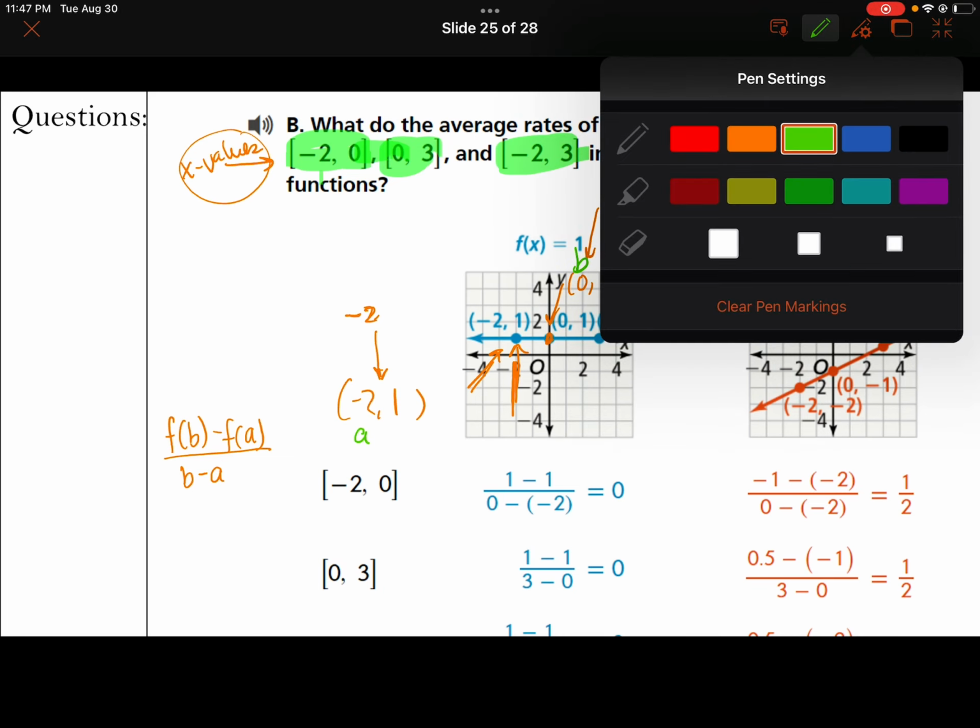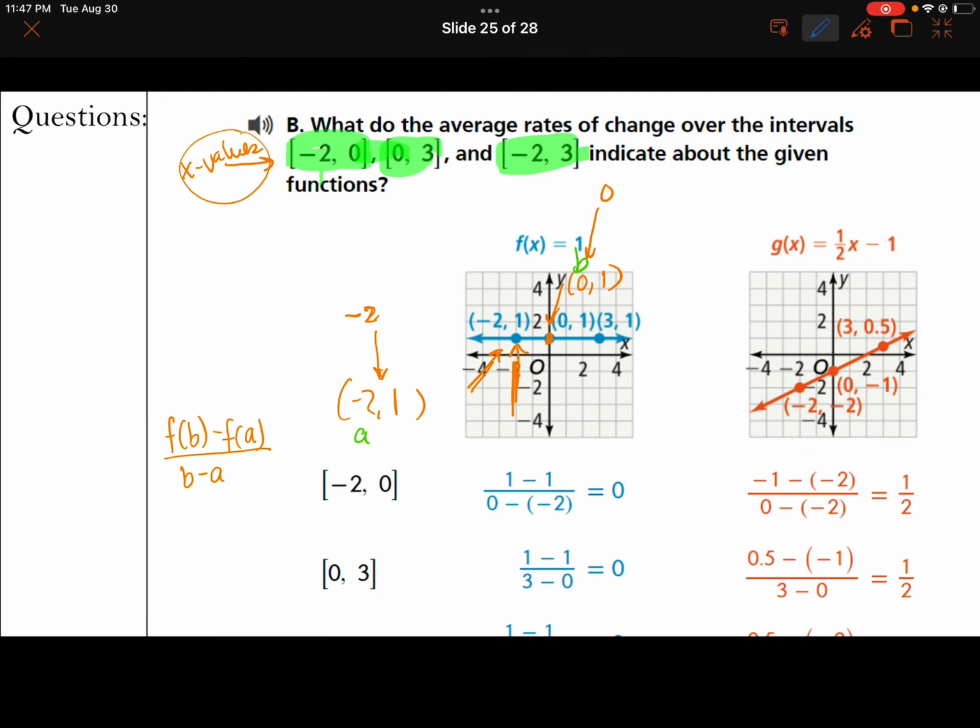And then my f of a is my y value, and my f of b is right here, which is 1.